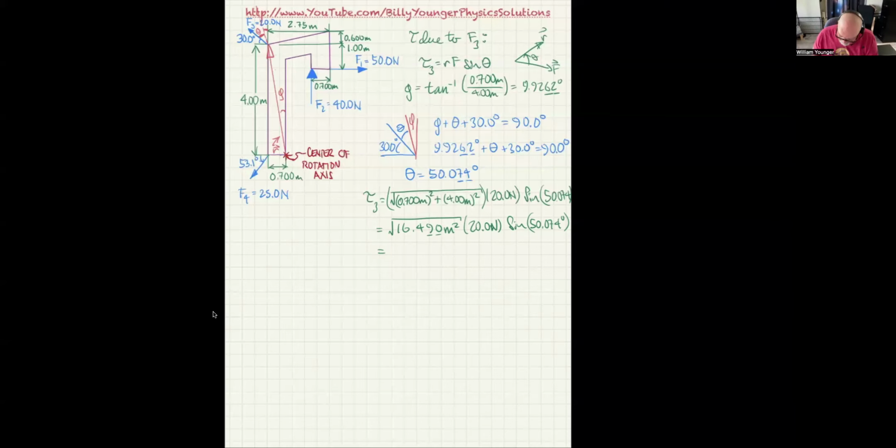That is 3 sig figs, which is good. I'm going to multiply that by 20, and then multiply that by the sine of 50.074. And again, that is 3 sig figs going in. I've got 3 sig figs in all the factors. This gives me a net torque of 62.282, where the 8 and the 2 are extra digits, and that is in Newton meters.